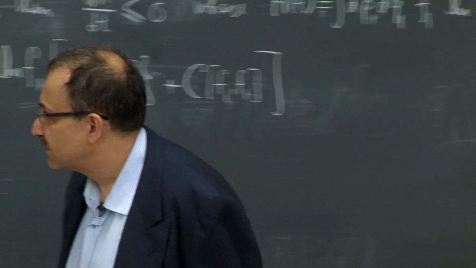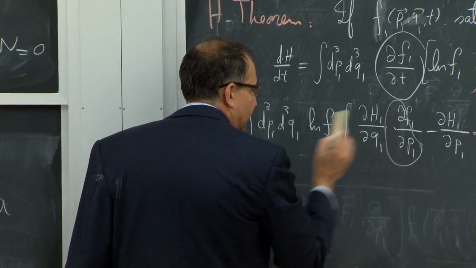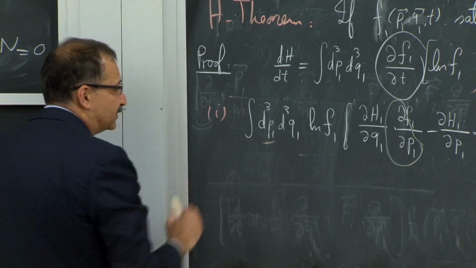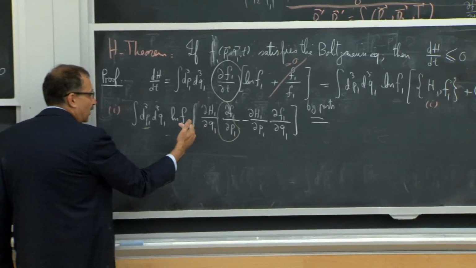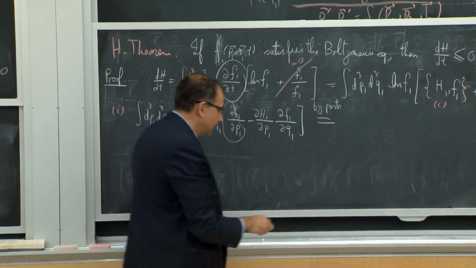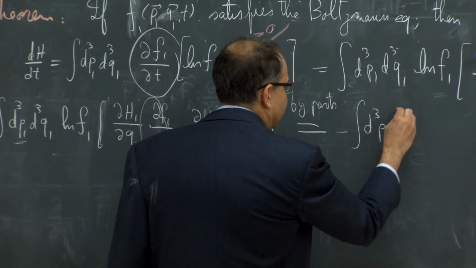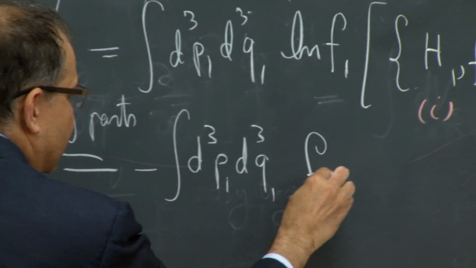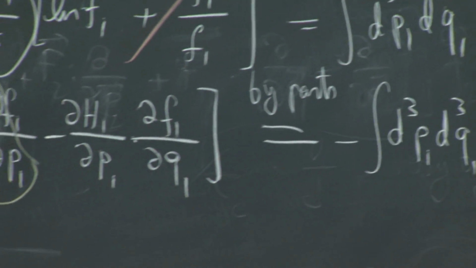So I'm taking derivatives with respect to P, but I have integrations with respect to P here. So I could take the F1 out, so I will have a minus. I have an integral P1 Q1. I took the F1 out, and then this d by dP1 acts on everything that came before it.